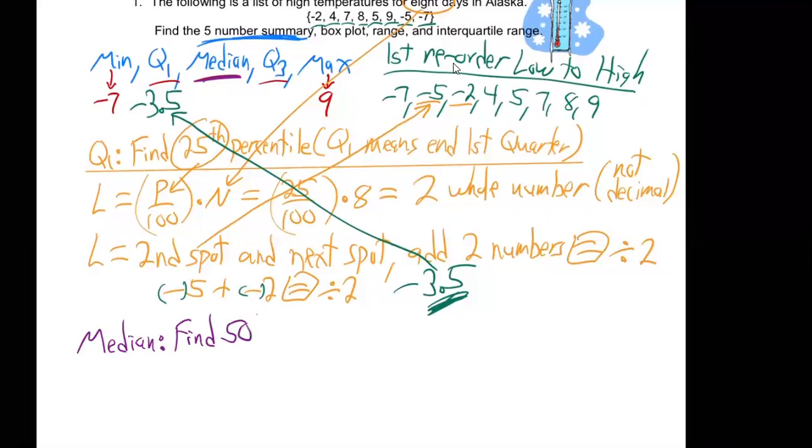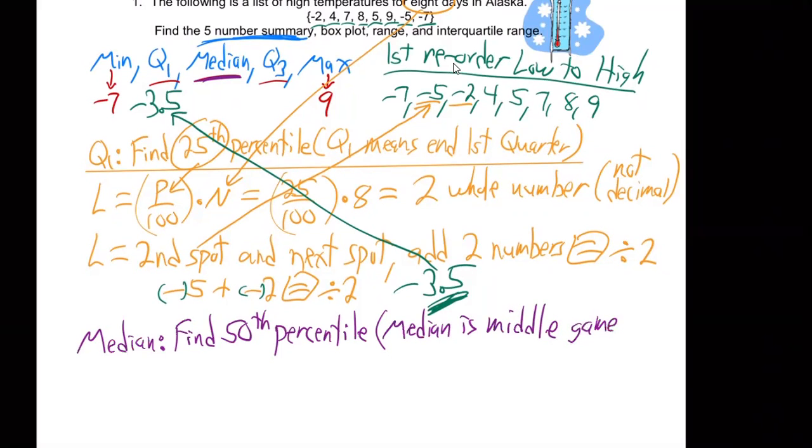Yeah, that's the 50th percentile. You guys getting the hang of these percentiles? So median is the middle of the game or the data set. So now we're going to do median, which is the 50th percentile.